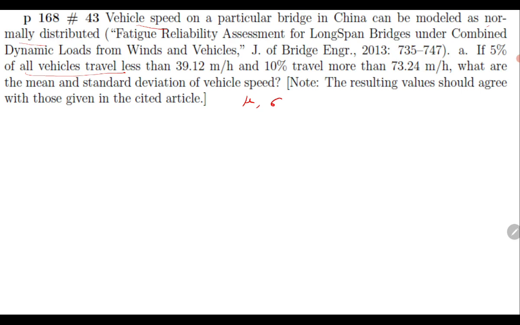First try to see what has been given. It is given that if the speed is less than 39.12, then the probability is 0.05, and if speed is greater than 73.24, then your probability would be 0.1, because it's 10% of the vehicles that travel with more than this speed.